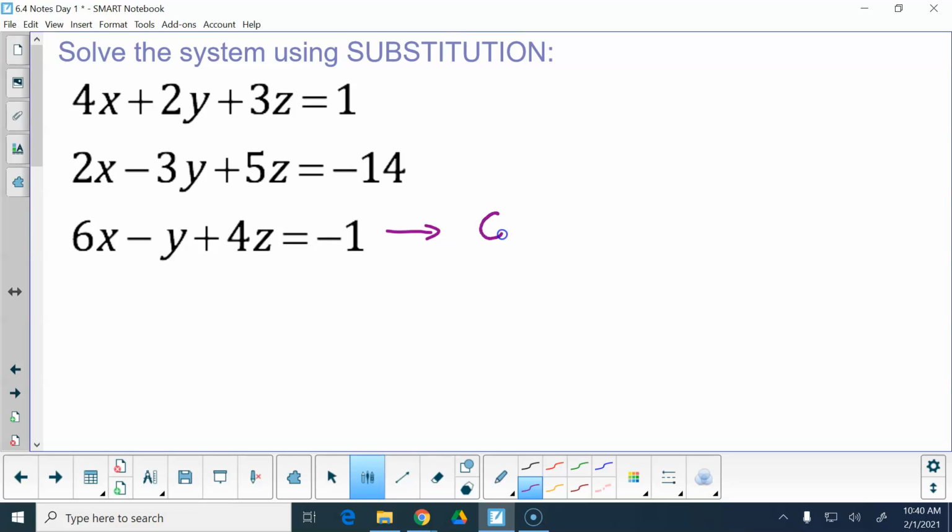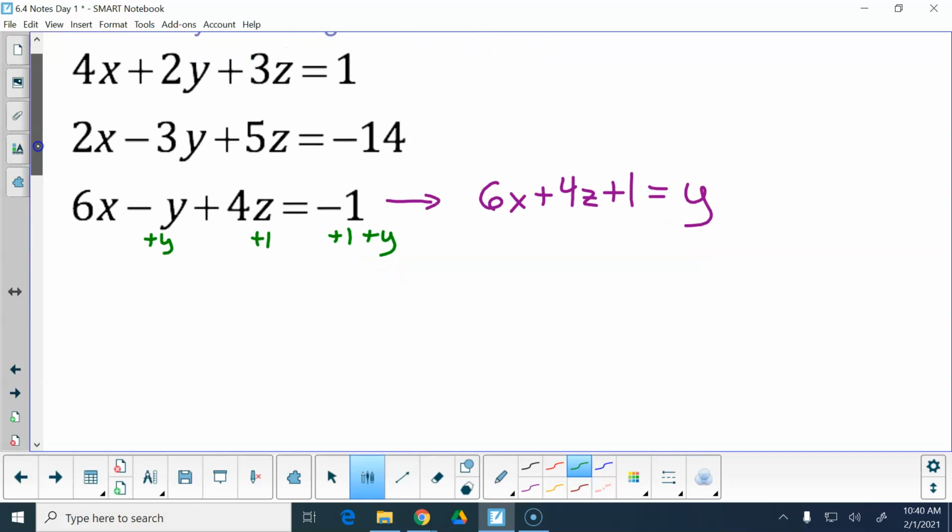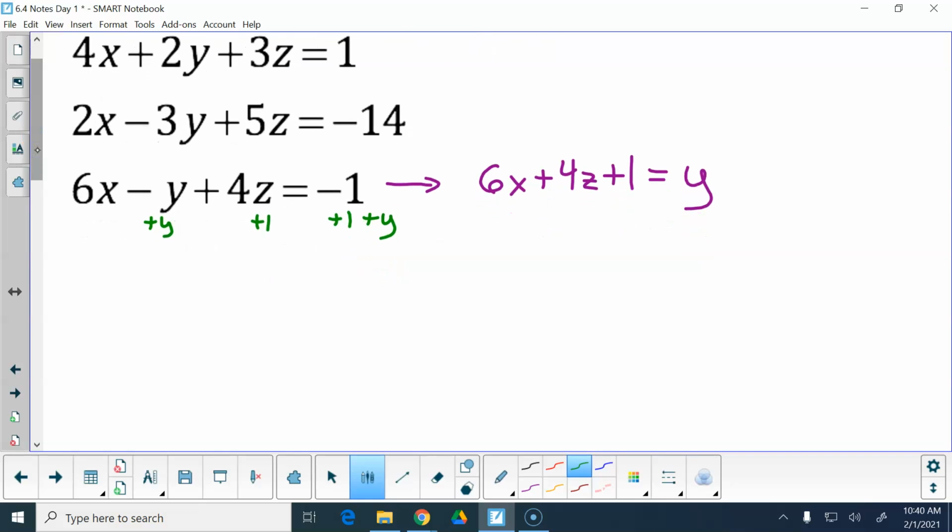So I would get 6x plus 4z plus 1 equals y if we added y to both sides and added 1. Okay? It doesn't always have to be on the left. We can go to the right with it too. So then that's now got to go in for y in both of the other ones.